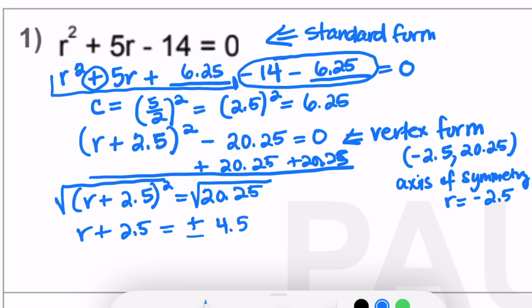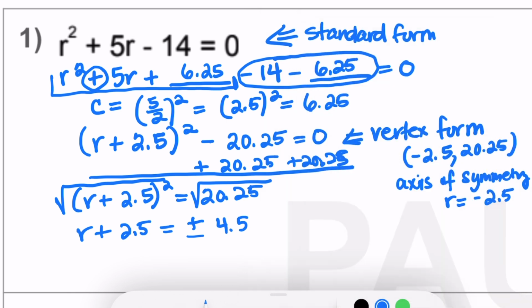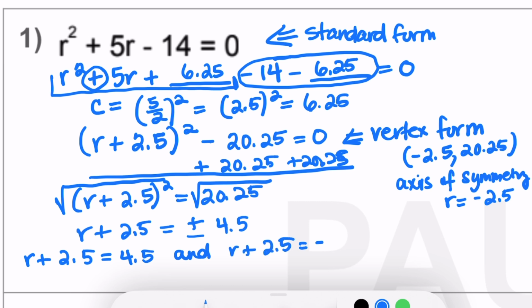4.5. So now you want to make your two equations. You have r plus 2.5 is equal to 4.5, and r plus 2.5 is equal to negative 4.5.